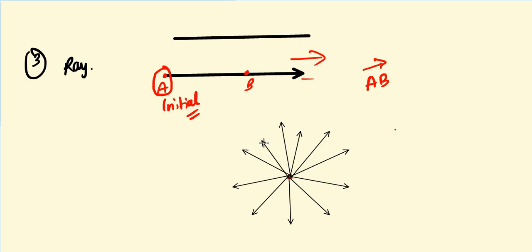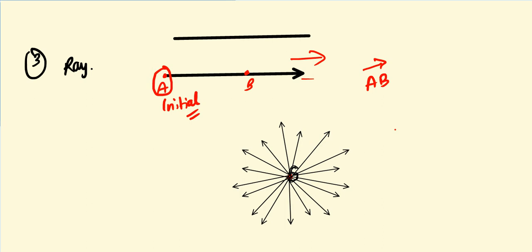As you can see, I am explaining in the diagram. An unlimited number of rays you can produce from a single point. Now this adjoining figure clearly shows that the fixed point is S, or any other alphabet you can take, and these are the many rays which are starting from that one fixed point.